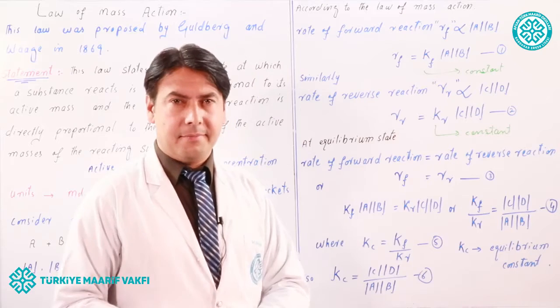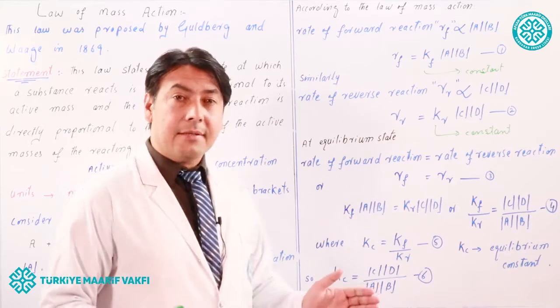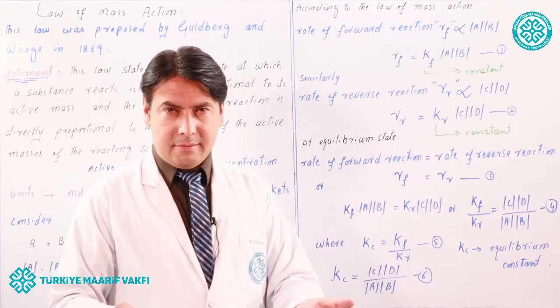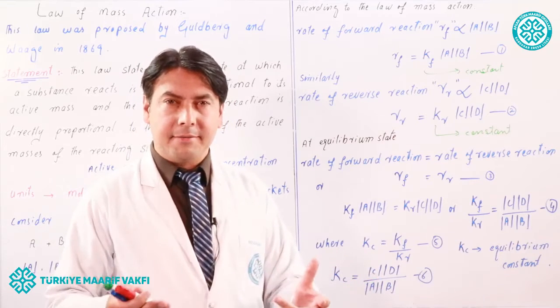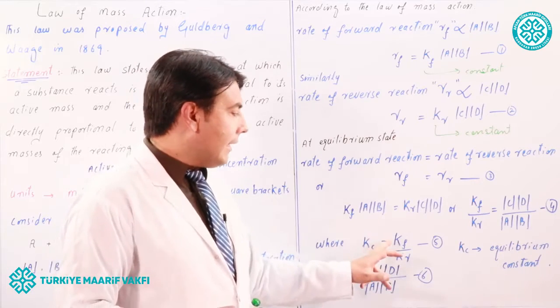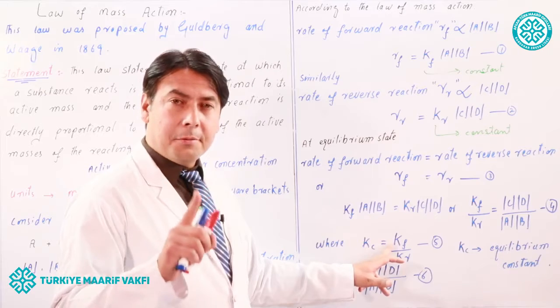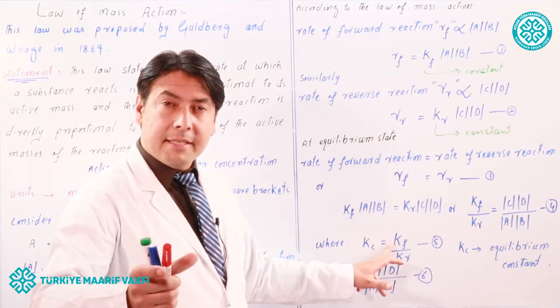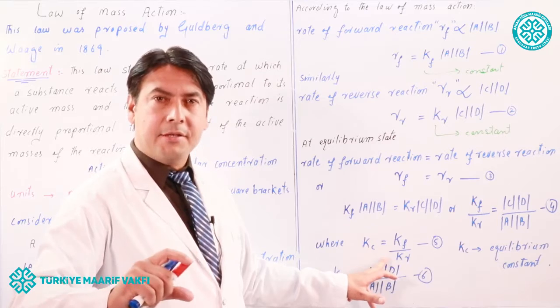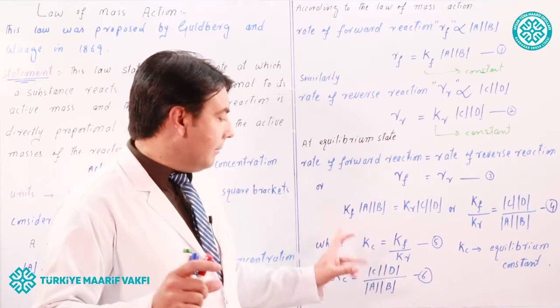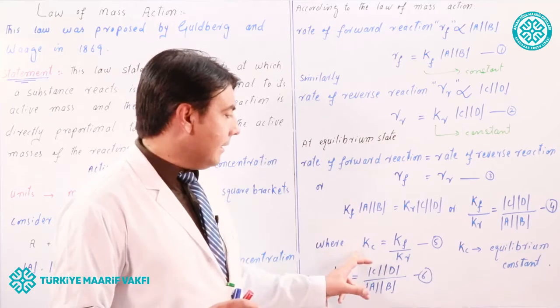What is Kc? Kc is the equilibrium constant. From this equation it can be defined as the ratio of the proportionality constant for forward reaction to the proportionality constant for reverse reaction, known as the equilibrium constant, which is represented by Kc.